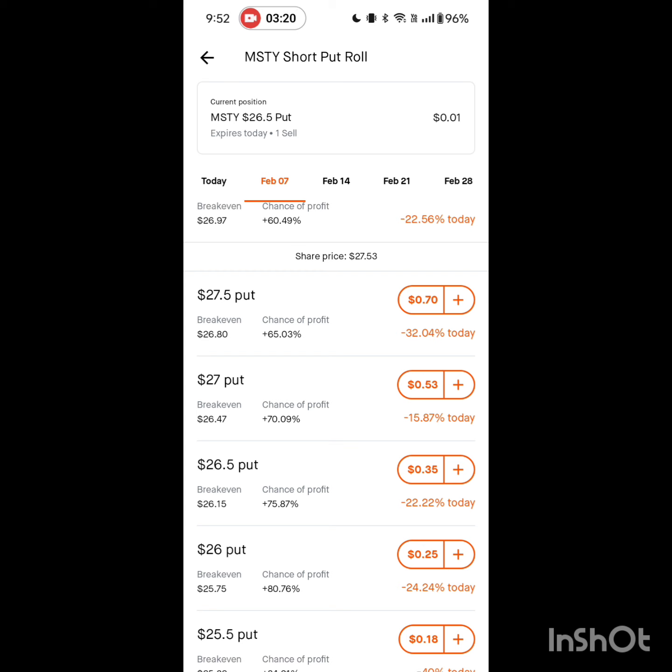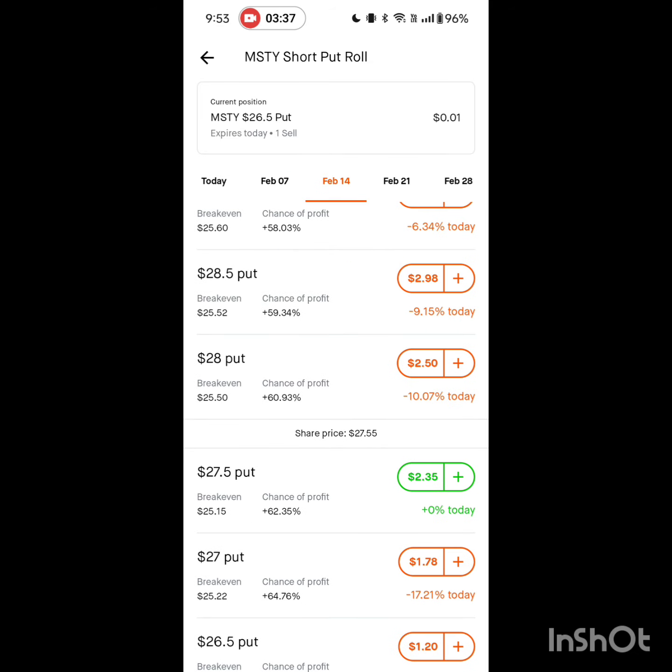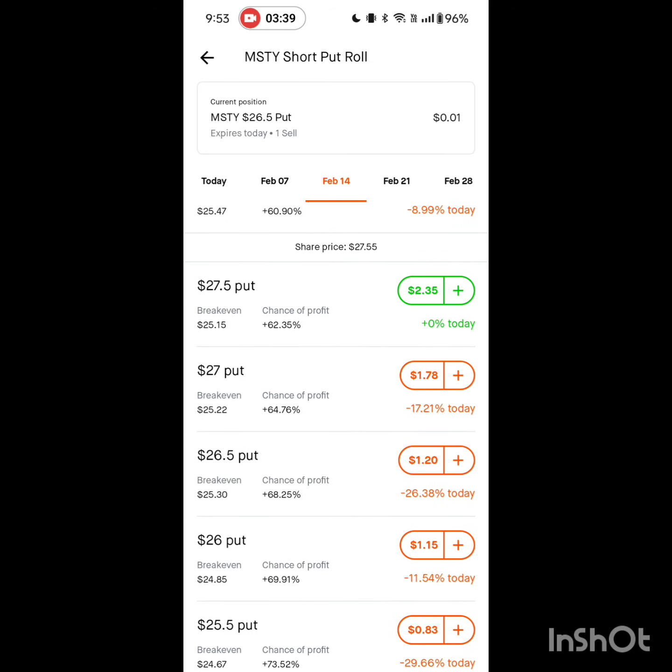But let's focus on just rolling. Now we're going to pick a new expiration date. It is up to me if I want to keep the same strike price. If I want to roll it for an additional week, we can do that too. As you can see, we have that choice, and we can select the same strike price.